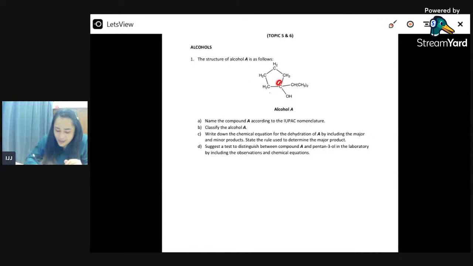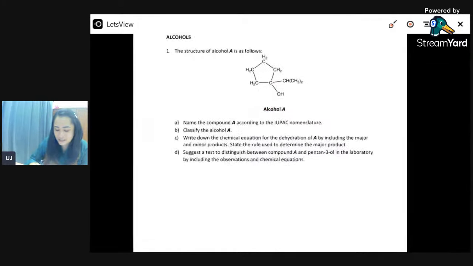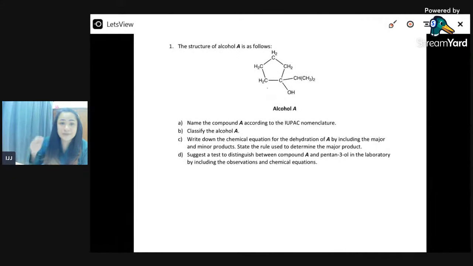If you look at the carbon here that is bonded to the OH, this carbon is bonded to 3 other carbons. So you can say this carbon is a tertiary carbon. Since the carbon is tertiary, this is a tertiary alcohol.